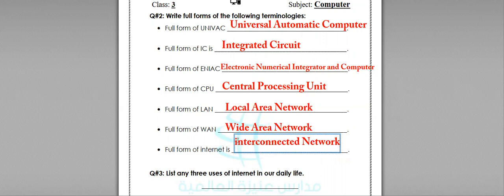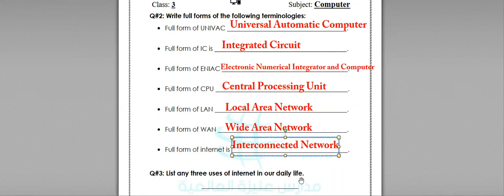Let me show you the breakdown of the word. So interconnected becomes inter and network becomes net. In this way, the word internet is derived.